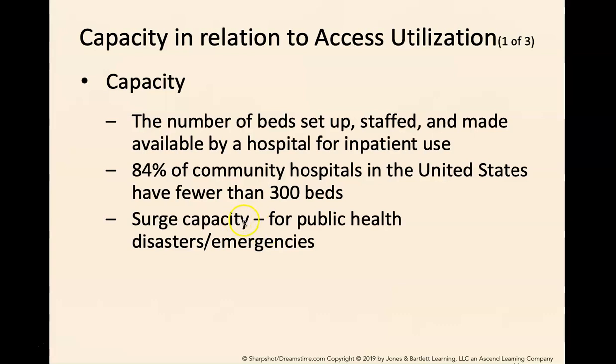So hospitals actually need to have an emergency plan where they should have surge capacity in case of public health disasters. They should be able to accept people. Like, remember during the time of the swine flu incident here in New York.